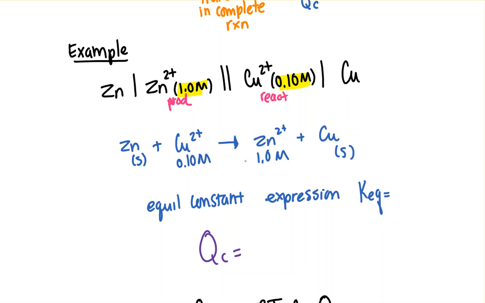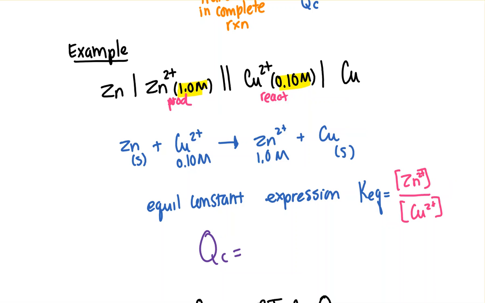But anyway, I wrote my reaction, and then like I would normally do for my equilibrium constant, I ignore solids. I would put my zinc solution on top, and it's no coefficient, and then I would put my reactant underneath, like so. That's how I would do my equilibrium constant.